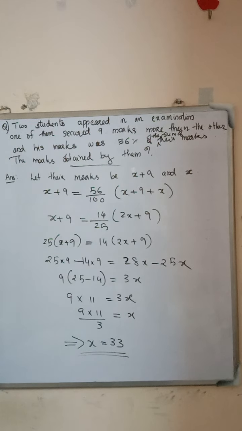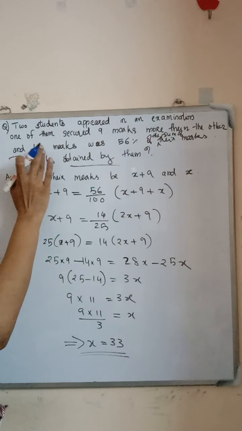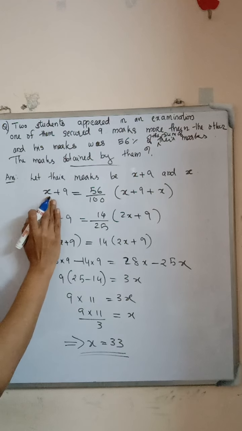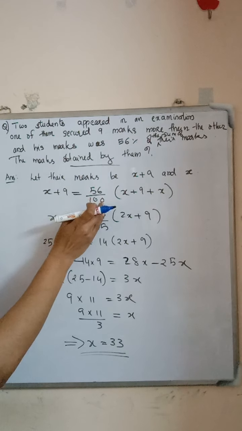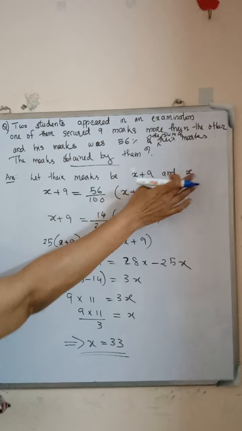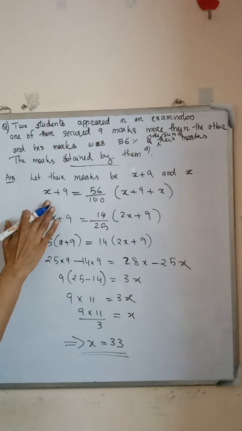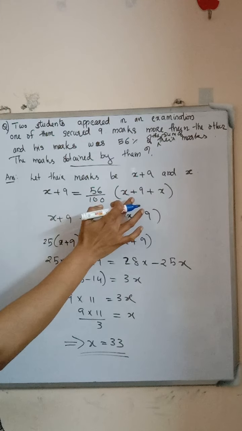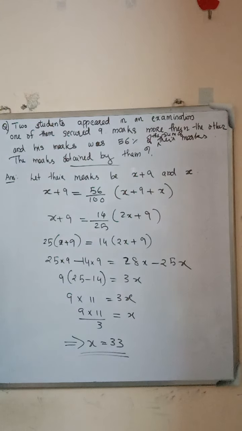And also given that the marks of the student who secured x plus 9 was 56% of the sum of their marks. So, x plus 9 equals 56% of the sum of x plus 9 and x. That is written here: x plus 9 is equal to 56 by 100 into (x plus 9 plus x).